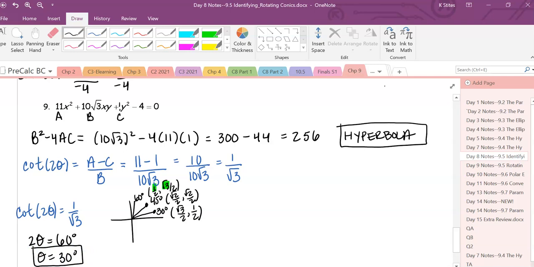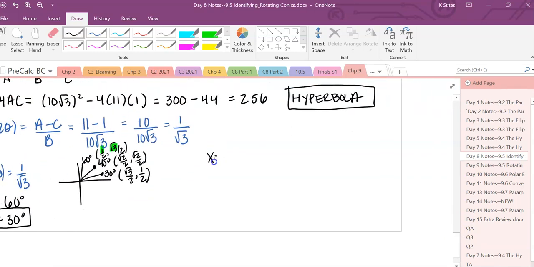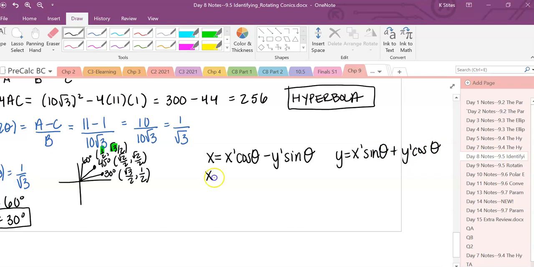All right, so now we're going to do our 2 rotation formulas. So we have x equals x prime cosine theta minus y prime sine theta, and we have y equals x prime sine theta plus y prime cosine theta. And you again are just plugging in the 30 degrees, and then we're going to evaluate.